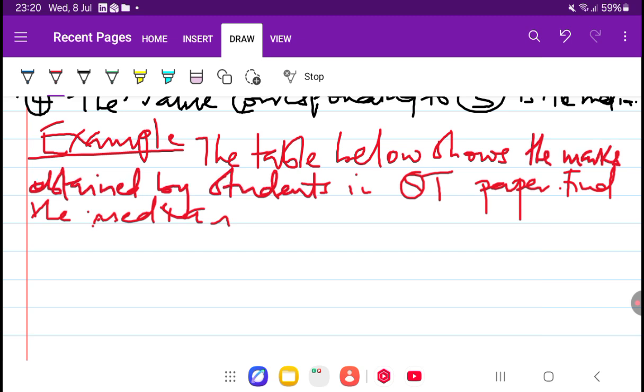So we have the marks, and then we have the frequency.